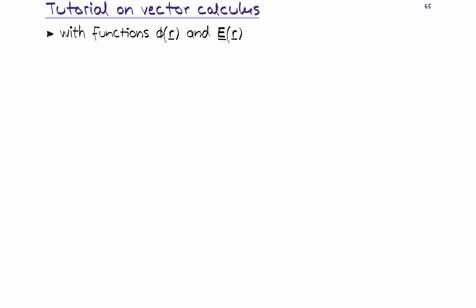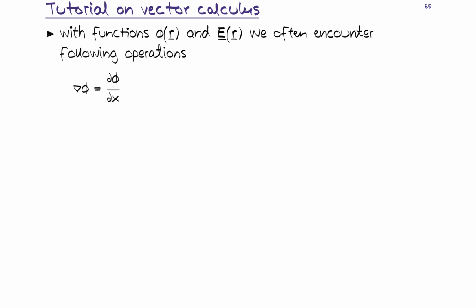And now with these two functions that we have defined, so the phi and E, we many times encounter these kind of vector calculus operations. So we for example need to calculate the gradient of my scalar function phi, and how that is being defined is that we calculate the partial derivative of my scalar function phi with respect to x, and then this points along the x direction.